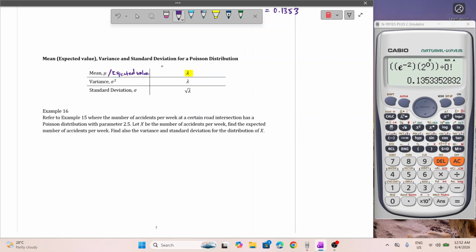So don't get confused when maybe in a quiz or test later on the question mentions expected value instead of mean. It is the same thing. Expected value is the mean. The variance for a Poisson distribution is also lambda, and the standard deviation is the square root of lambda.